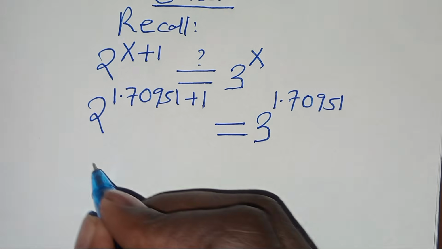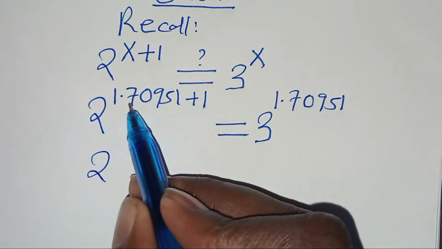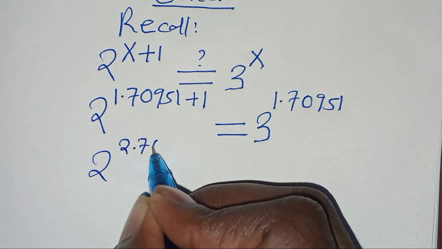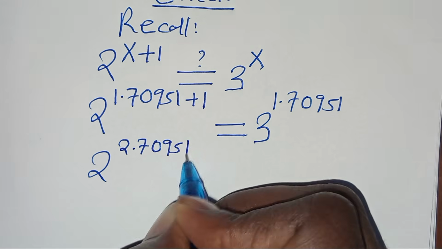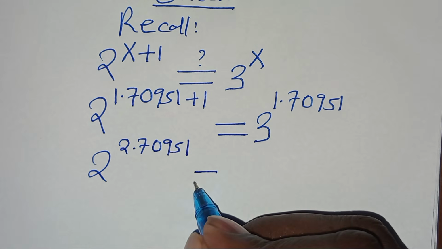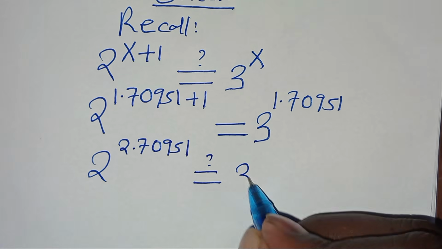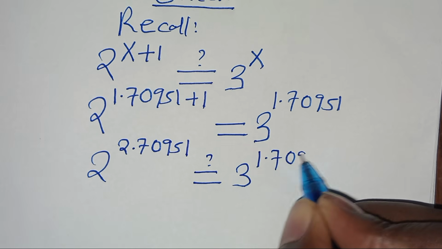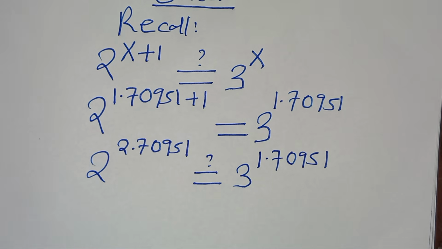So this implies that we have 2 raised to the power of 1.70951 plus 1, which is 2.70951. This should give us a value of 3 raised to the power of 1.70951.